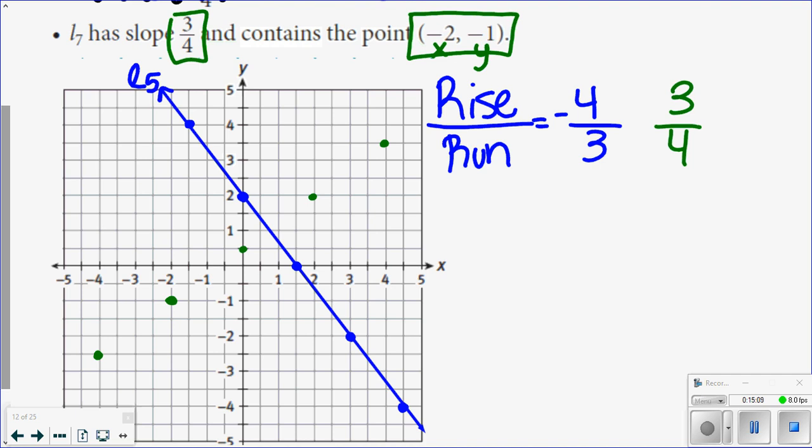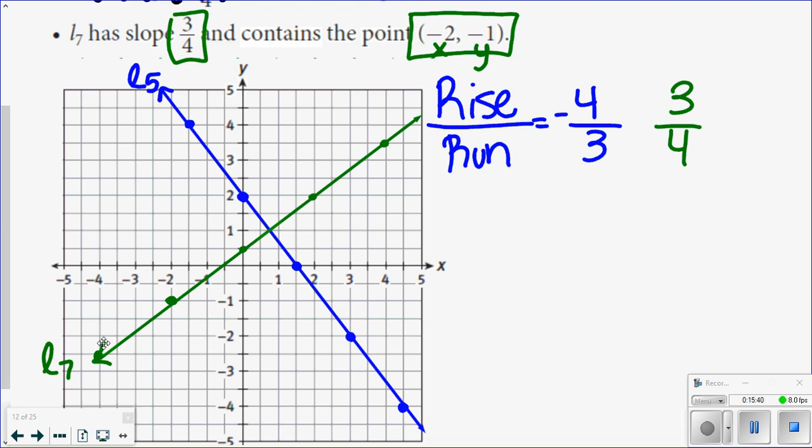Again, I'm going to use a ruler or a straight edge to connect these points, and I'm going to label this L7. So these lines are perpendicular. If you can tilt your head a little bit, they intersect to form 90-degree angles.